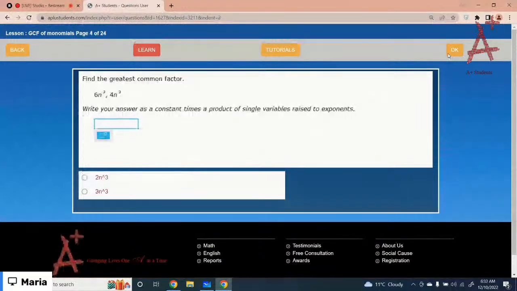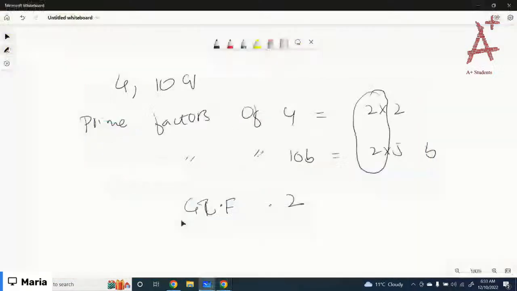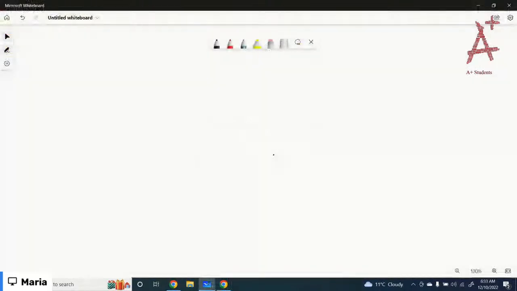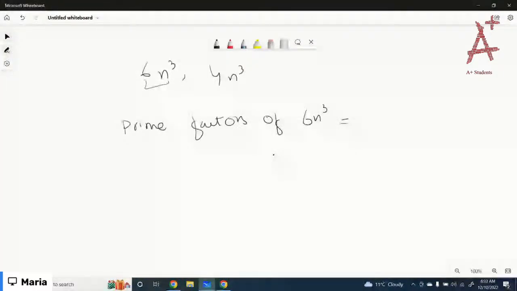Find the greatest common factor of 6n cube and 4n cube. Just write the prime factors of 6n cube. It would be 2 times 3 is 6, and n cube. And then you have the prime factors of 4n cube. It would be 2 times 2.